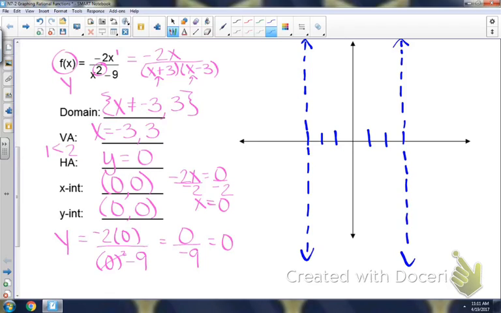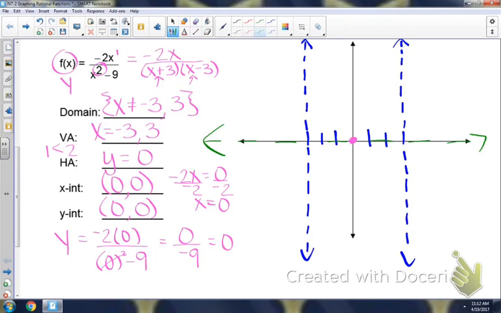Alright, and then we have a horizontal asymptote at y equals 0, which is the x-axis. So make sure that you're able to see that horizontal asymptote. Alright, and then we have an x-intercept and a y-intercept. They're both the same. It's at 0, so at the origin.